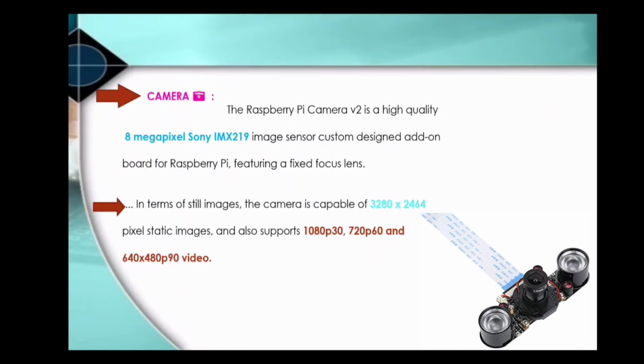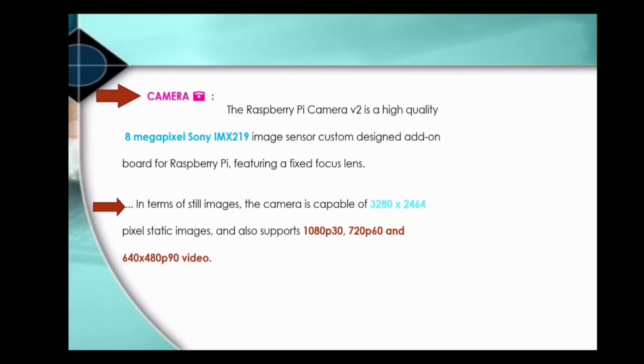In terms of still images, the camera is capable of 3280 by 2464 pixel static images, and also supports 1080p at 30, 720p at 60, and 640 by 480 at 90 video. The capability is very high, so the Raspberry Pi camera is a very high quality camera for images and for videos. This is how the Raspberry Pi camera looks.